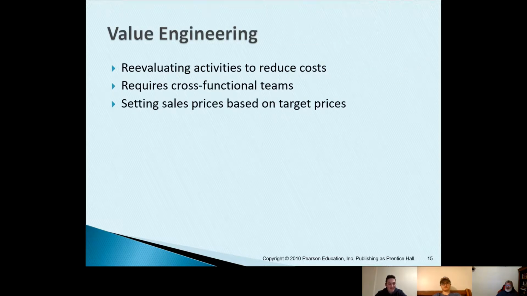Value engineering, okay? So reevaluating activities to reduce costs. By looking at that chart that we just did, where we identified what it cost us to make those bumpers. If our numbers are off and we're saying, okay, it's $143.30 per bumper, but I've got to get that number down below $130 per bumper.